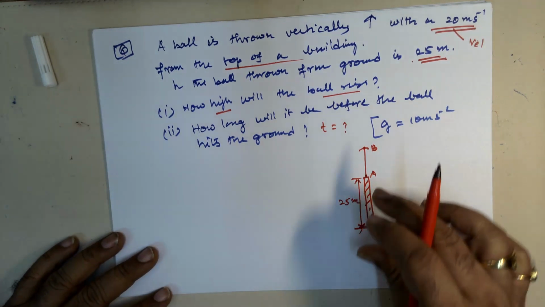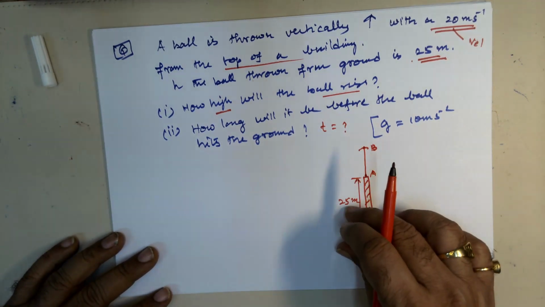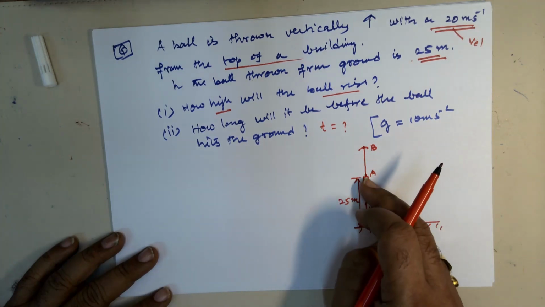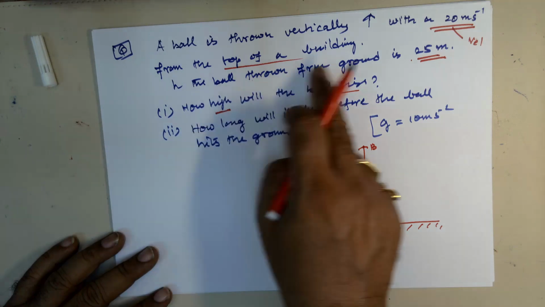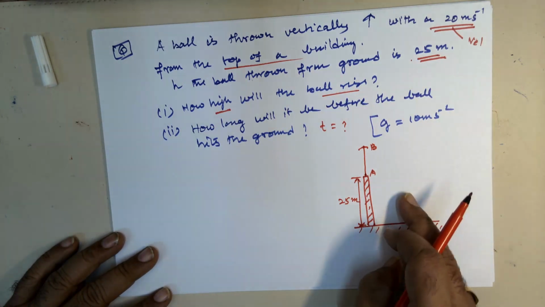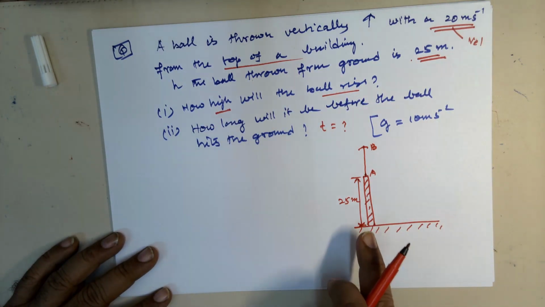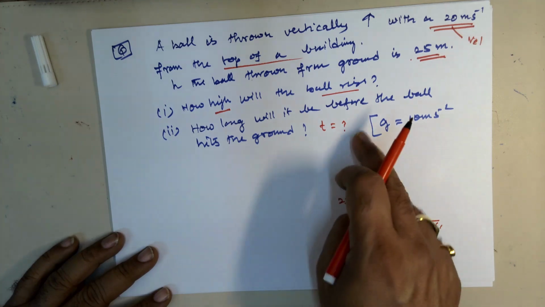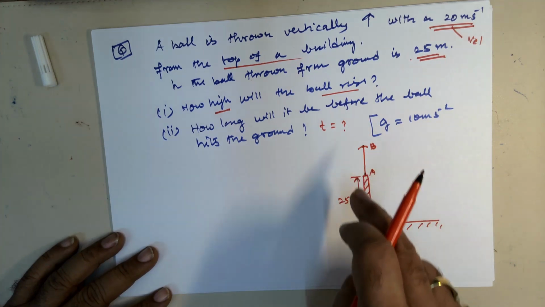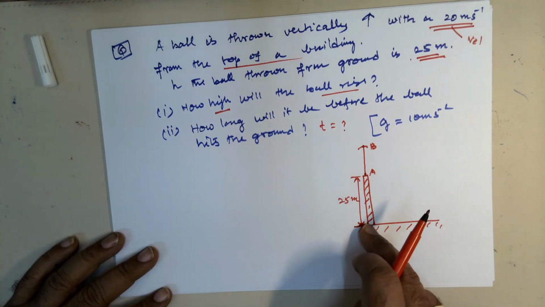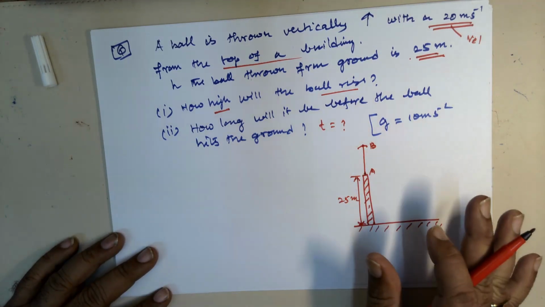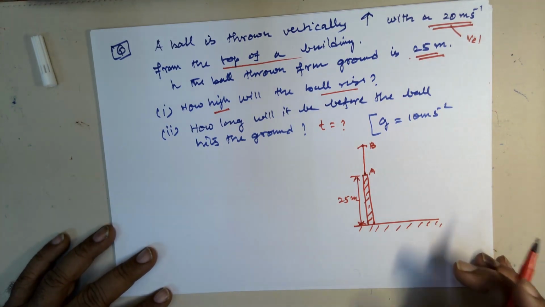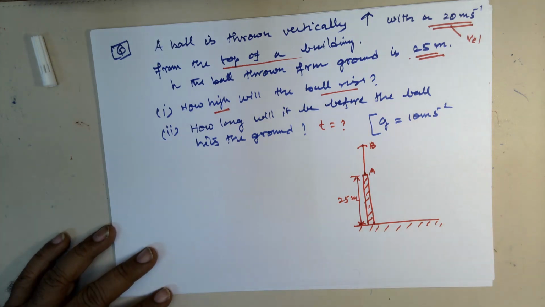So it means the height of the building is 25 meter, because this guy, he has thrown the ball from the top of the building, and it is clearly stated that the place where the ball is thrown is 25 meter from the ground. It means, which is nothing but the height of the building. Okay, so indirectly they have given, right? Okay, then let us proceed.